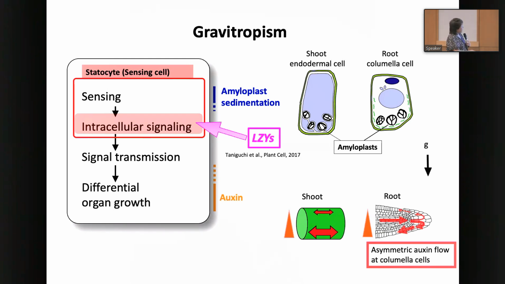So we concluded that LZY genes are involved in the signaling process following amyloplast sedimentation and leading to the formation of the asymmetric auxin flow. However, with regard to the molecular function of LZY, little information was obtained from their amino acid sequences.